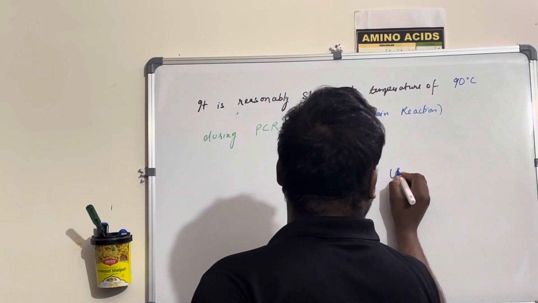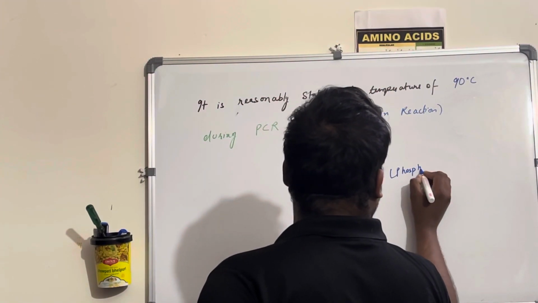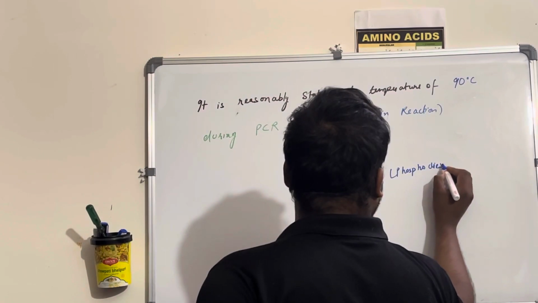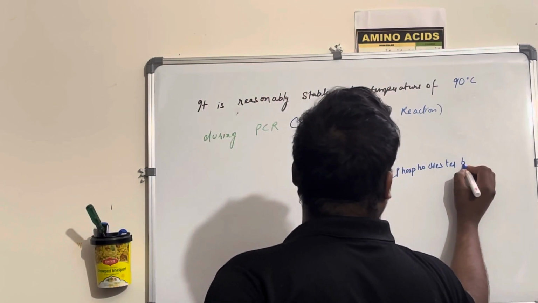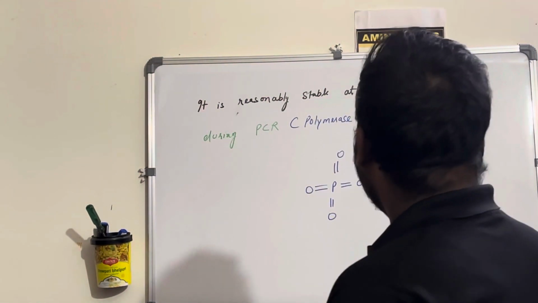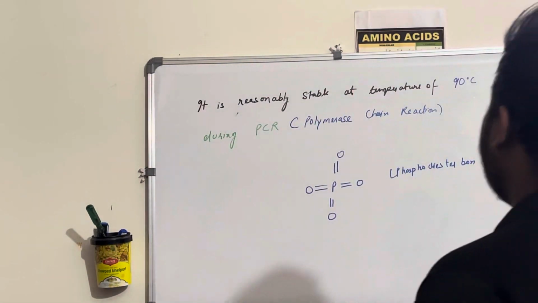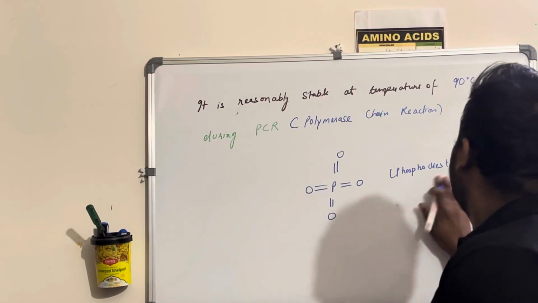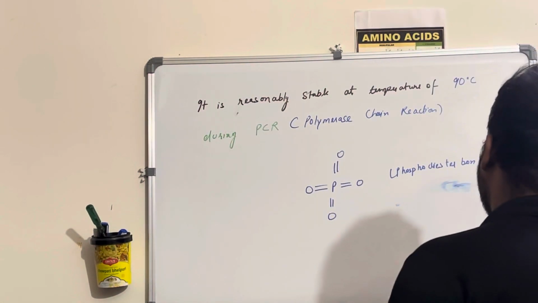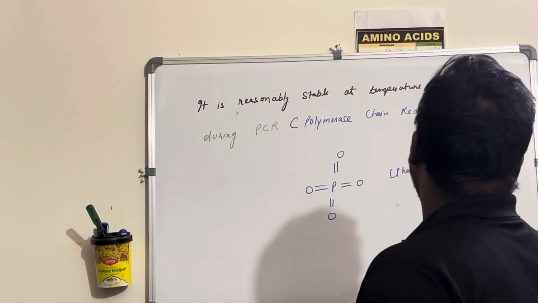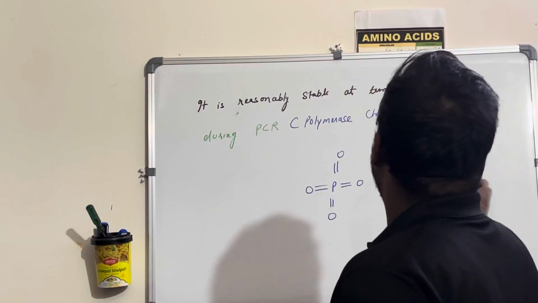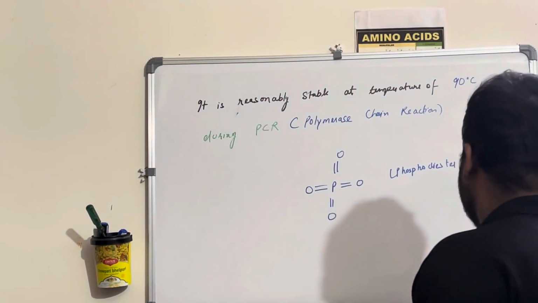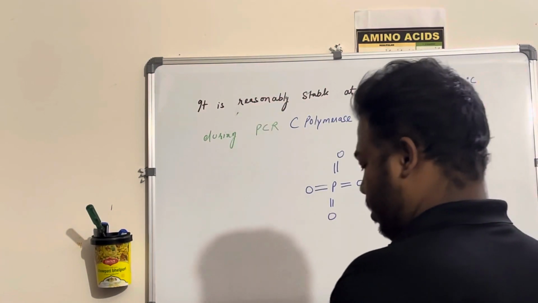This is the phosphodiester bond that is broken by the enzyme Taq enzyme. No, oh sorry, endonuclease enzyme. Which enzyme? Endonucleases.